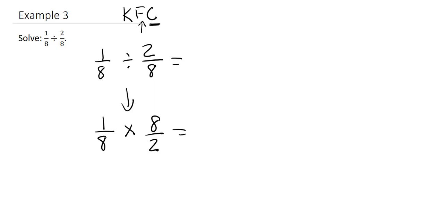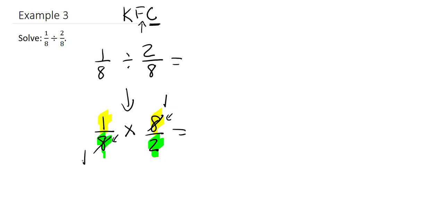So let's go ahead and multiply the top numbers, and then we're going to multiply the bottom numbers. But before we do that, we can also notice that we have an 8 here and an 8 here. That means we can divide out a whole 8 on the top and the bottom. 8 divided by 8 is equal to 1. 8 divided by 8 is equal to 1.